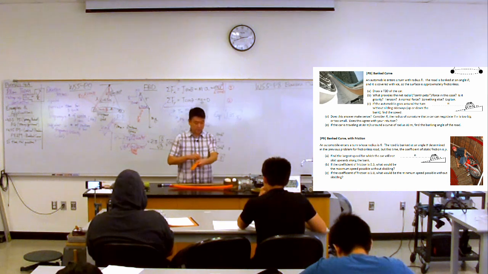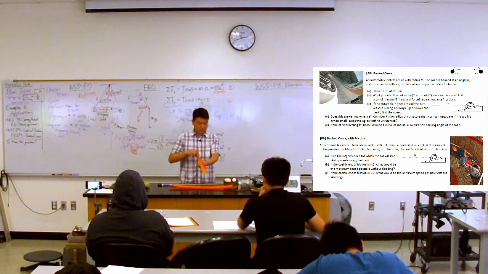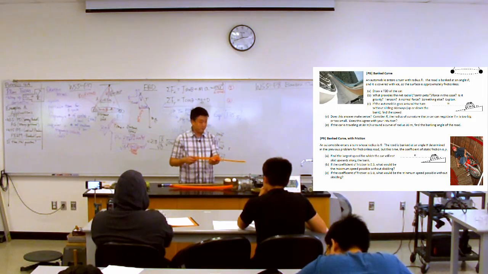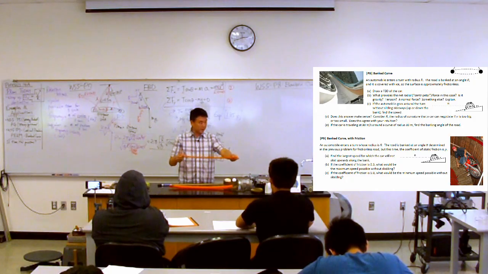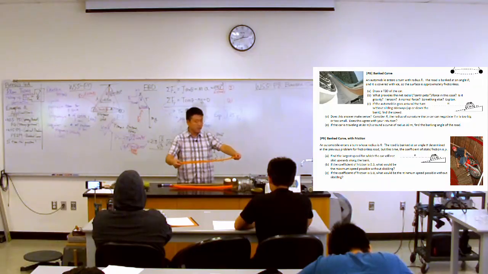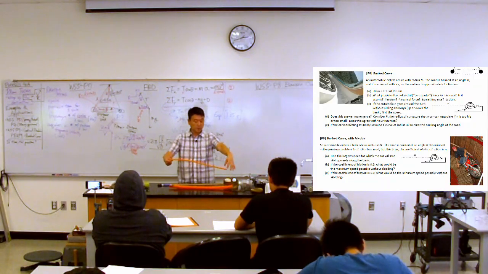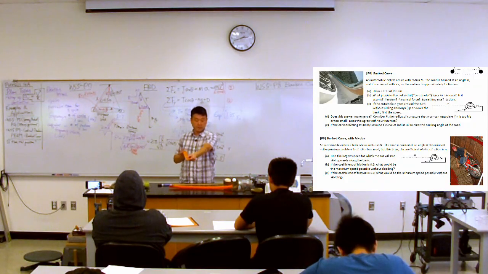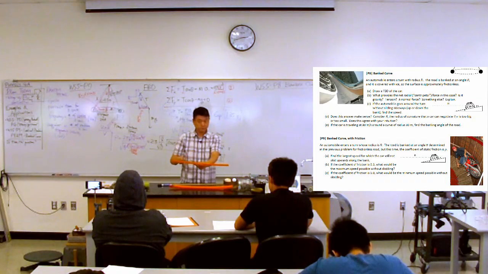If the road is bent this way, you can see that as the car goes, if the road is frictionless, it won't be able to make the turn. It'll just slide off the road, right? So to help the car turn, in addition to making this turn, the road will be banked. It'll be slightly angled so that it helps the car make the turn.